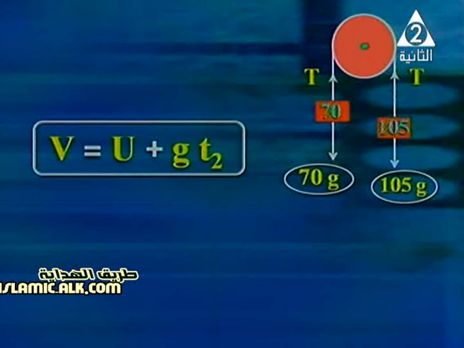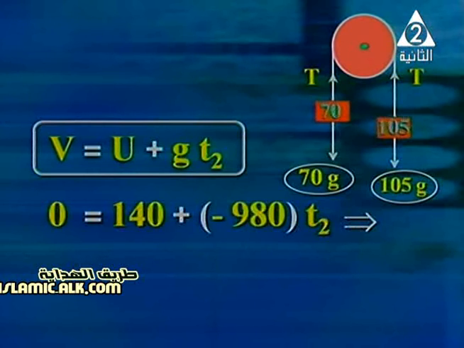Then with respect to the second body, v equals u plus gt. Then 0 equals 140. This 140 is the velocity of the system, plus negative 980, this direction of acceleration, times T2, then T2 equals 1/7 second.